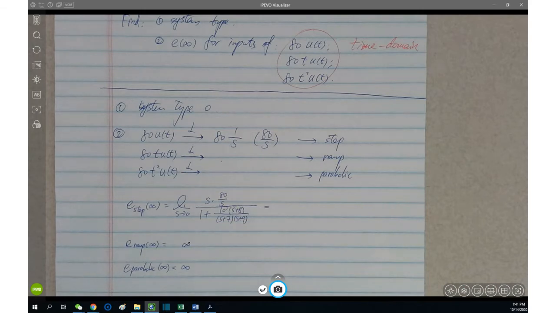I'll give you guys 1 minute to find the limit value of here. 1 minute. Go ahead.